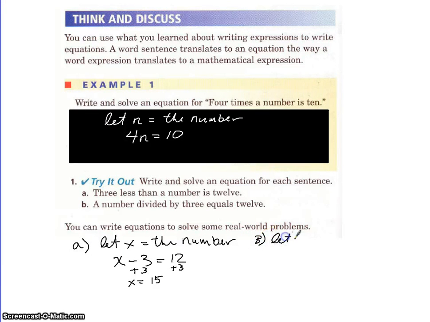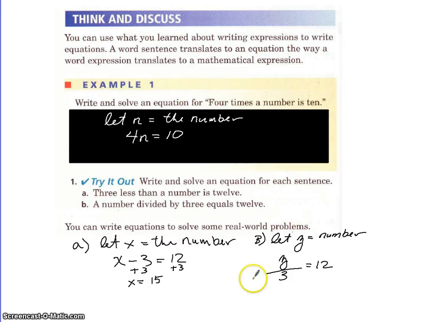Let z equal the number. So we have a number divided by 3: z divided by 3 equals 12. Remember what you do when the variable is being divided by 3. How do we get rid of this 3 on the bottom?